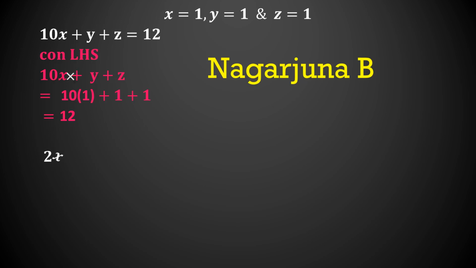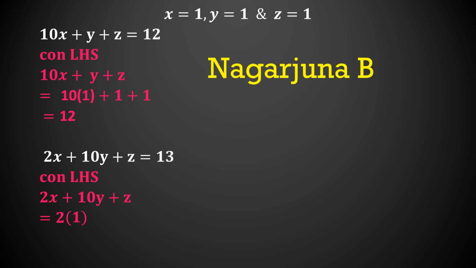Now consider the second equation, 2x plus 10y plus z is equal to 13. Consider the LHS of this one, that is 2x plus 10y plus z. So substituting x is equal to 1, y is equal to 1 and z is equal to 1, we can write it equal to 2 into 1 plus 10 into 1 plus 1.